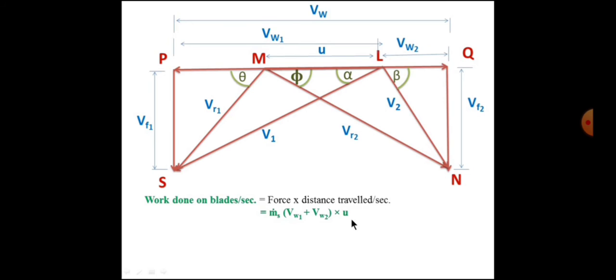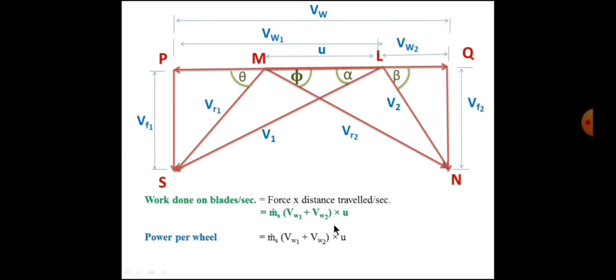And distance travelled per second is nothing but the movement of the blade per second. Movement of the blade per second means it is velocity. And if we are talking about blade, that means we need to consider blade velocity. So that's why the formula for work done on blades per second becomes m dot s into vw1 plus vw2 into u.